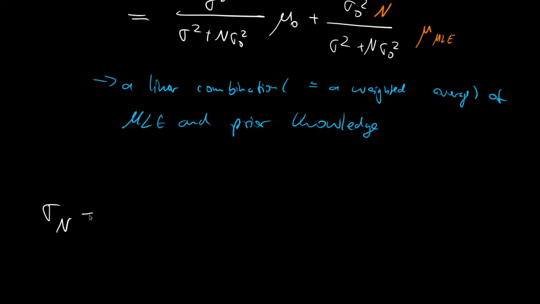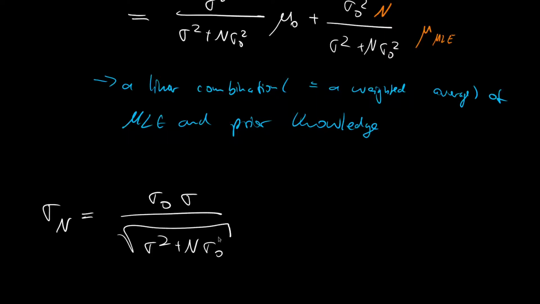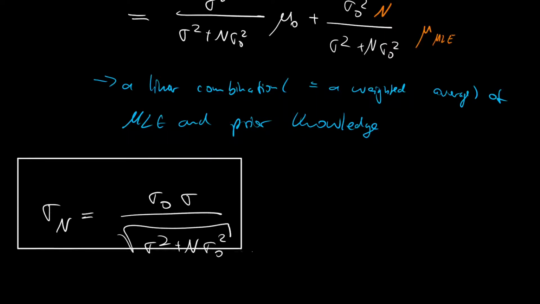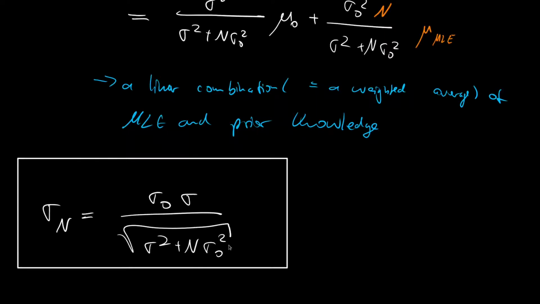And the sigma n was given according to sigma 0 times sigma over the square root of sigma squared plus n sigma 0 squared. And that is our result. And we can also rearrange this a little bit.